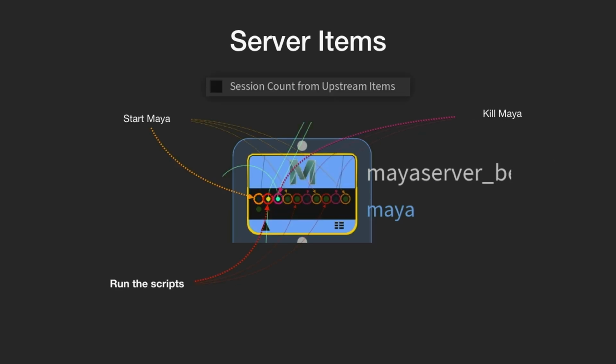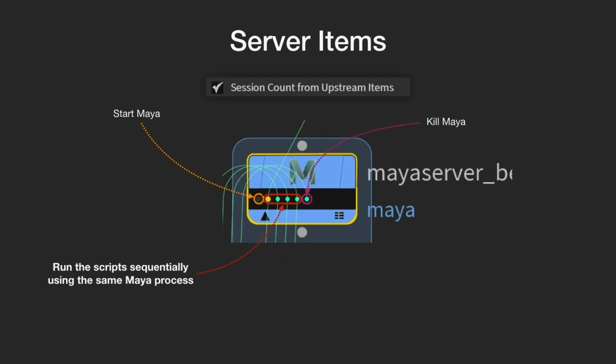So if we have session count from upstream item off, we will have start Maya, run the scripts, and then Maya terminates for each upstream work item, right? And if we have this on, we have one start Maya, then those would run serially, one by one.